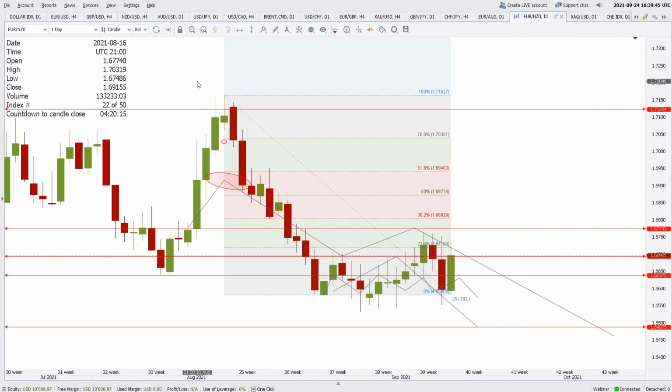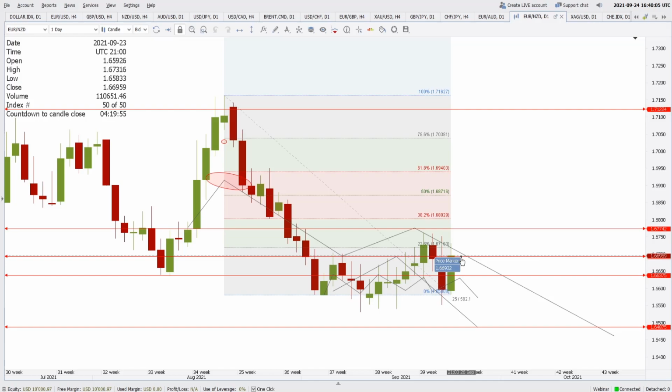So here we have euro against the New Zealand dollar, an inside bar on the daily chart after a bearish engulfing yesterday. So expect more losses in this market, but for that we need a close below 1.6696. The price is right now trading at around 1.6696, and we have a price marker at 1.6693.